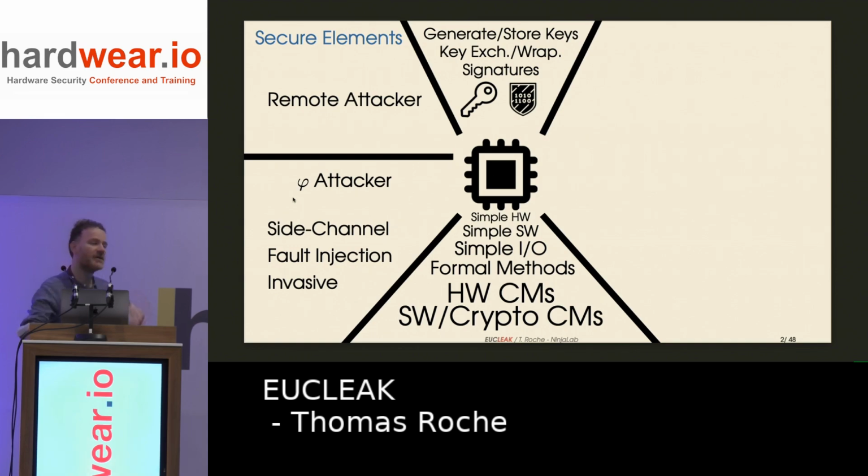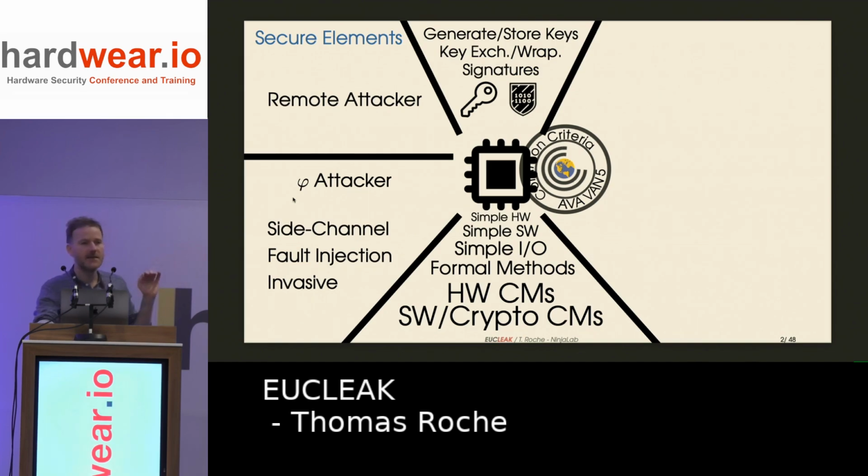And when you have done all this, and you have tested for many years that your secure element is starting to get resistant against such a powerful attacker as a physical attacker, then you can go to the Common Criteria certification scheme and try to get the highest level of security, which is the fifth level, the above than 5 here.